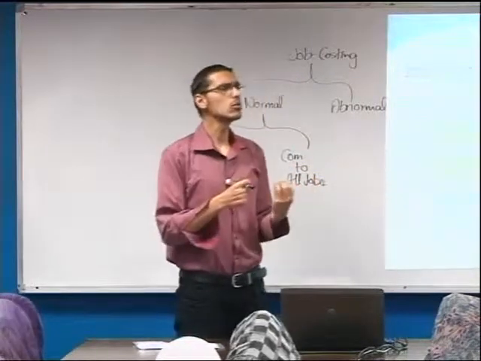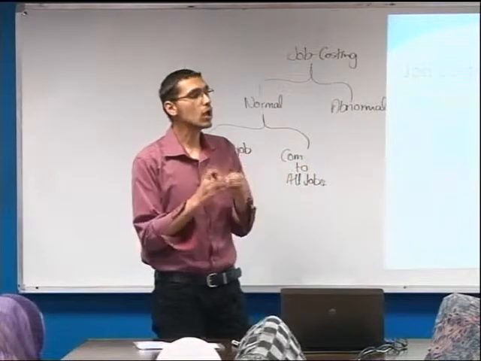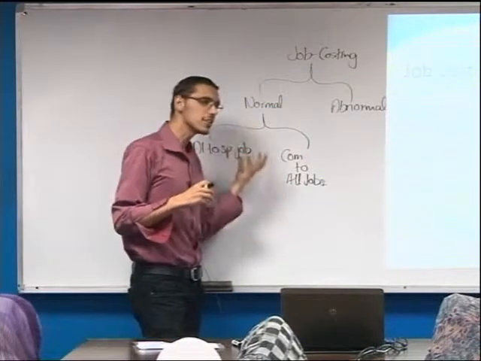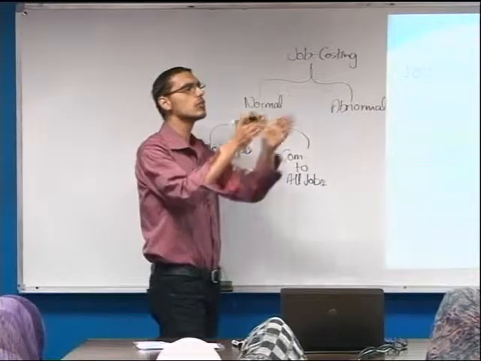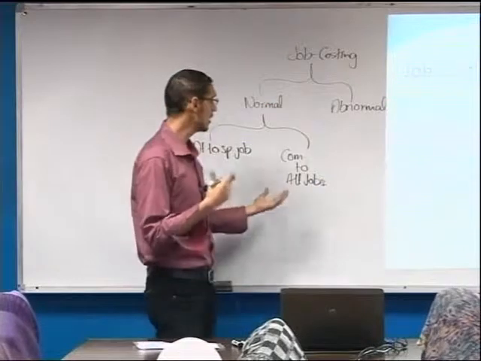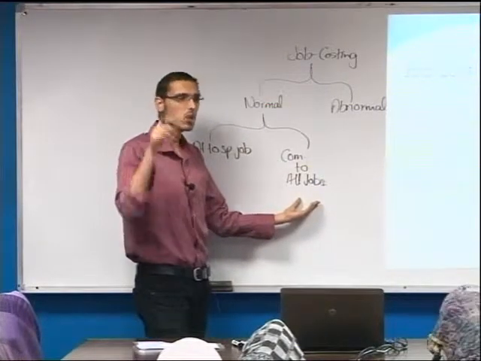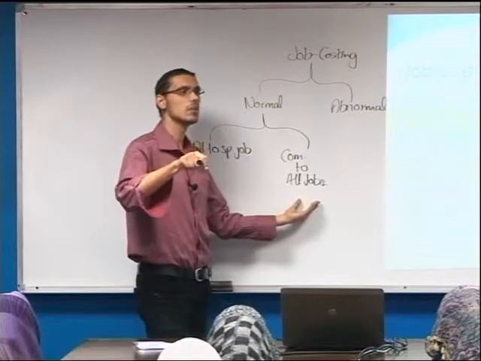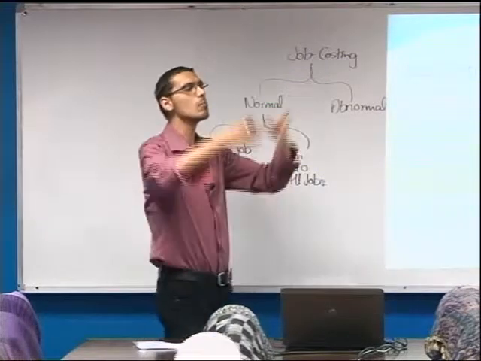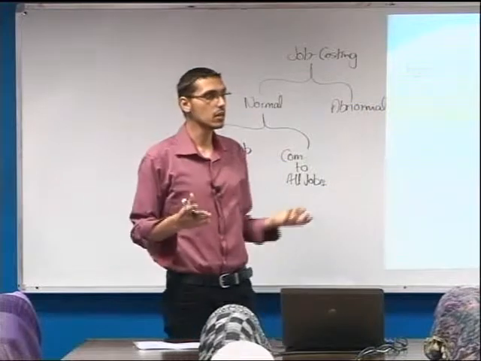We need to prorate the cost of the spoiled units in this specific job to all the jobs within a particular period. Because we determined that this spoilage is not because of the specifications of this job, but because of the normal specifications of all the manufacturing process that we have.